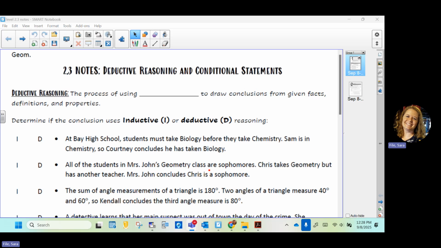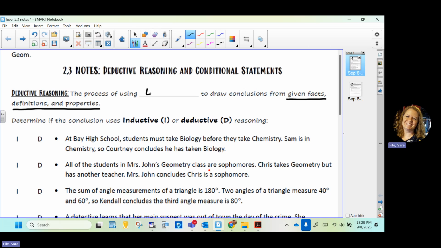When we talked about inductive reasoning in 2.1 and 2.2, that was like using patterns or examples to draw conclusions. Deductive reasoning, we said, is using facts, definitions, and properties. You're using given facts, definitions, and properties when you do deductive reasoning.